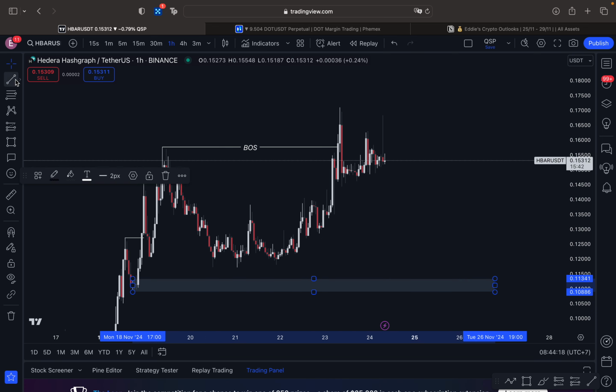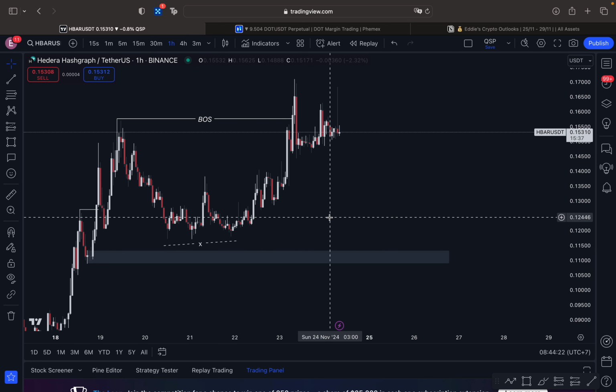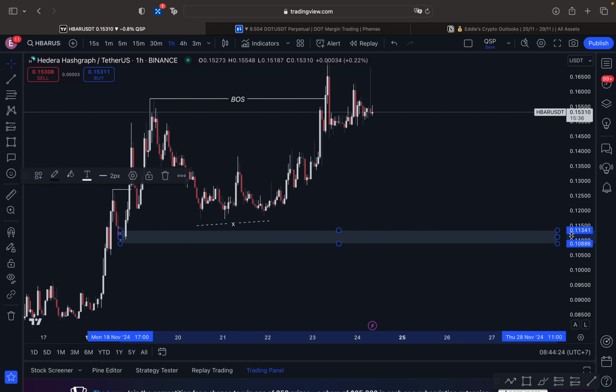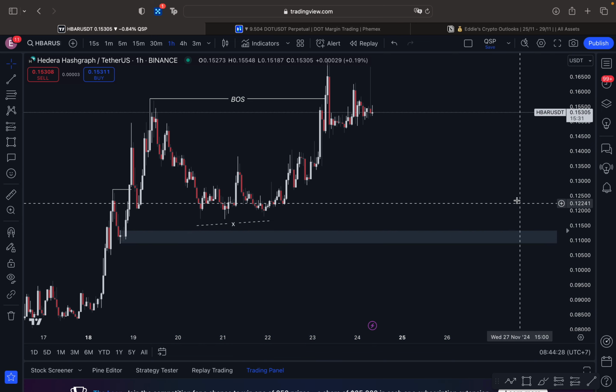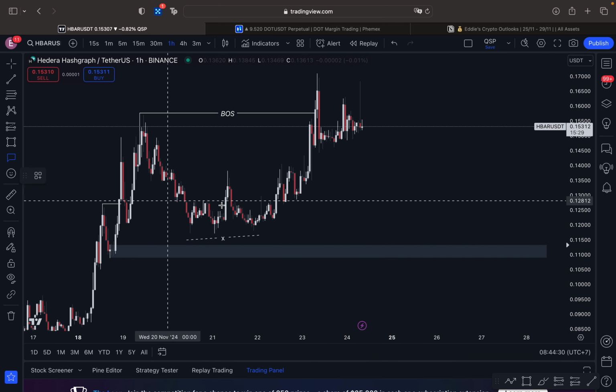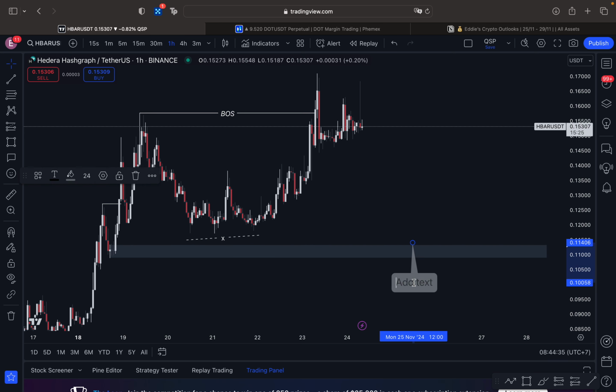I feel like this is all liquidity. That's gonna get swept, and then price could come in here. Oh, so I'm just gonna set alerts here, but in my eyes, this isn't really high probability. So I'm just gonna say, wait for second confirmation.